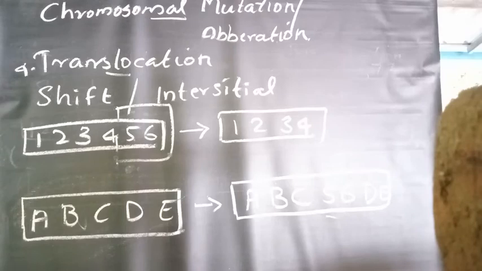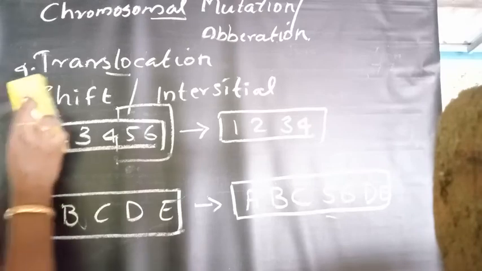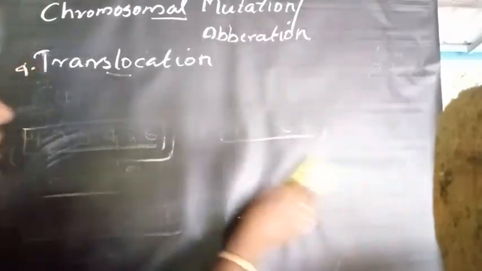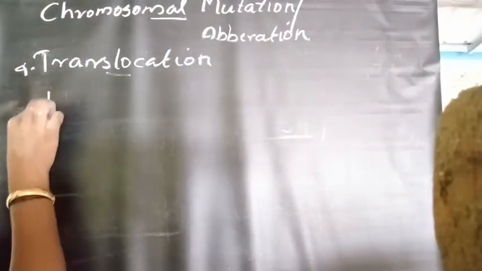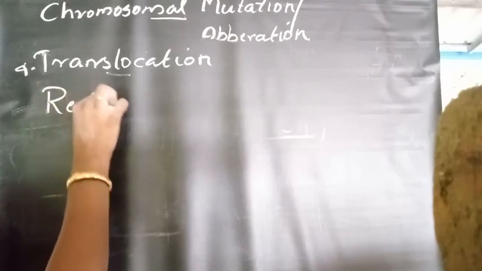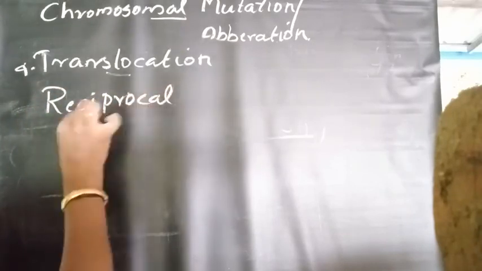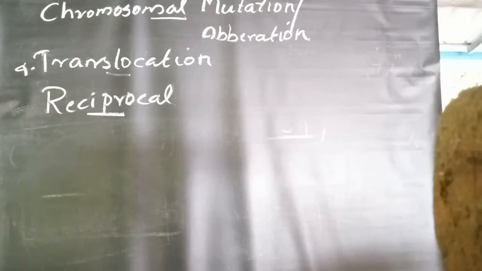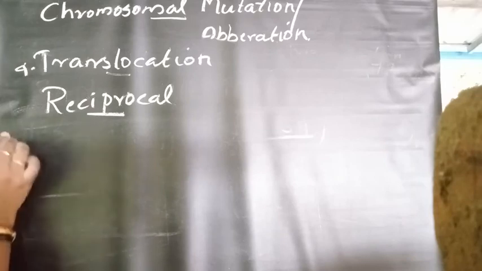Then reciprocal translocation. The last type is reciprocal. In this type of translocation, there is exchange of segments between two non-homologous chromosomes. Here, the segments are exchanging.